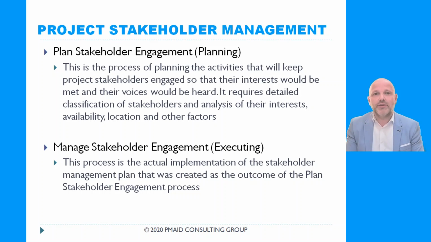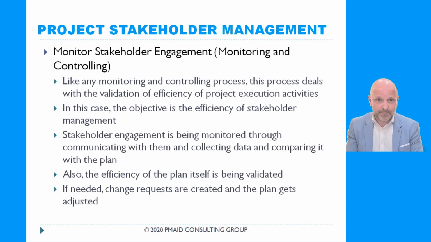Manage stakeholder engagement process. This is the process of the actual implementation of the stakeholder management plan that was created as the outcome of the plan stakeholder engagement process. And the last process is called monitor stakeholder engagement. Like any monitoring and controlling process, this process deals with the validation of efficiency of project execution activities.